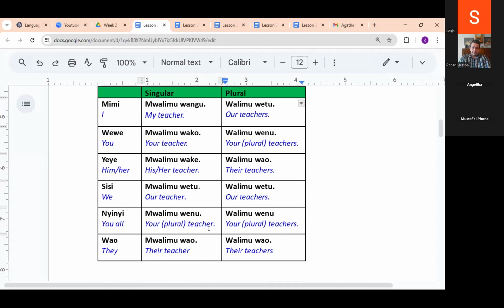Walimu wao. Sisi, mwalimu wetu. Walimu wetu. Nyinyi, mwalimu wenu. Walimu wenu. Wao, mwalimu wao. Walimu wao.